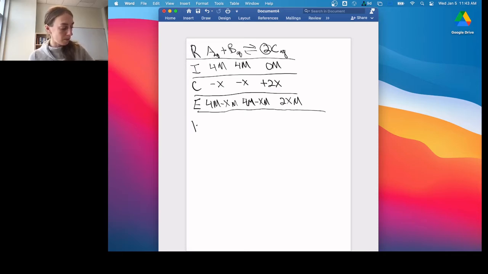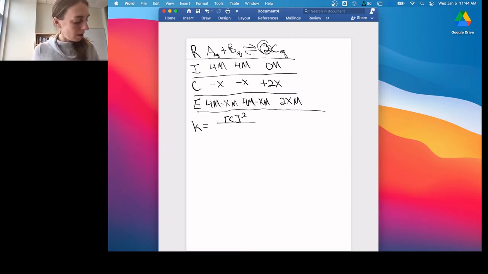And so you'll remember, hopefully from previous lectures, that our equilibrium K is our products over our reactants, to the power of the value out in front of each of these. So this is our concentration of C squared, because we have 2C.